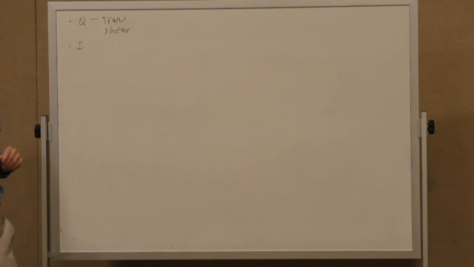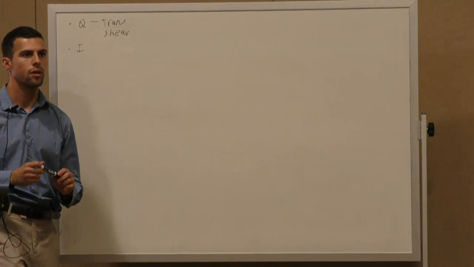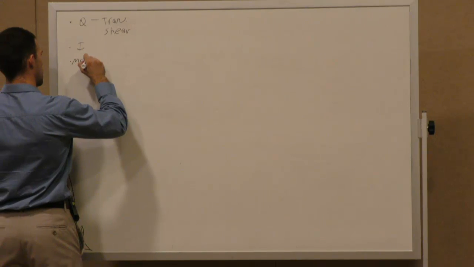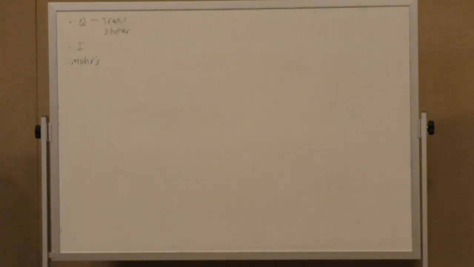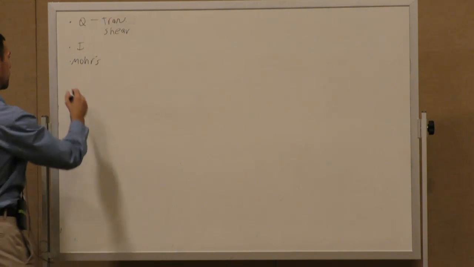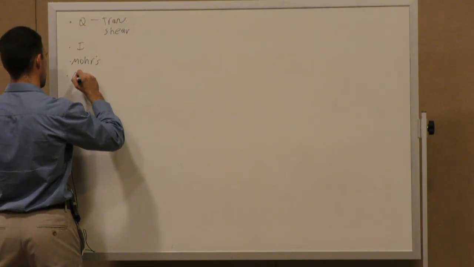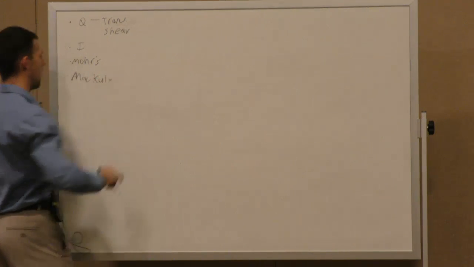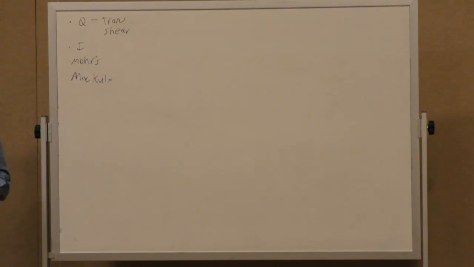What other concepts are we having trouble with? Mohr circle. Cool. What else? Macaulay functions. Cool. Deflection.